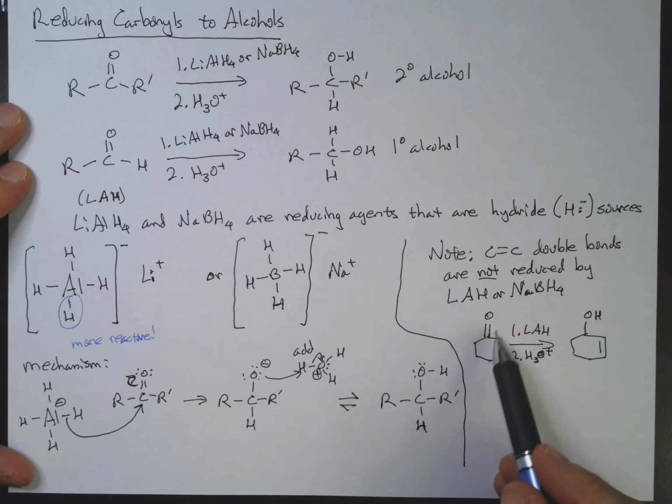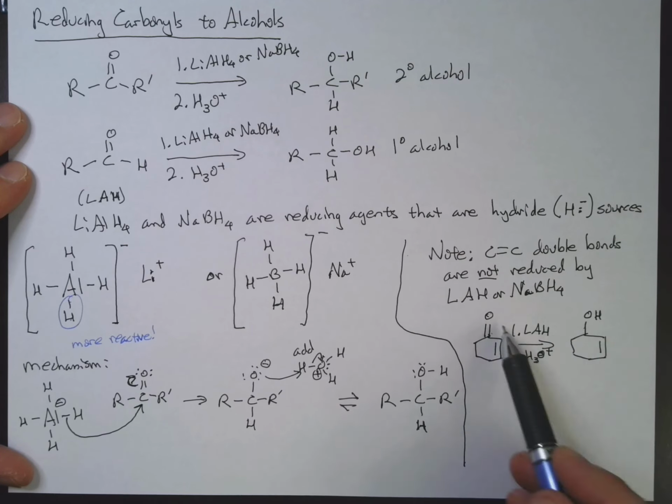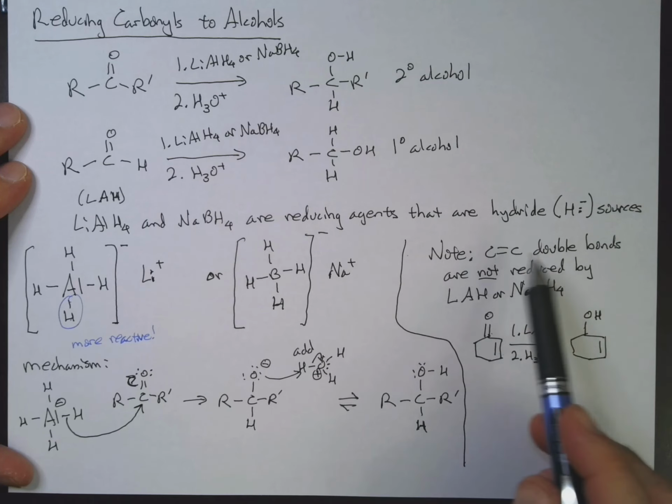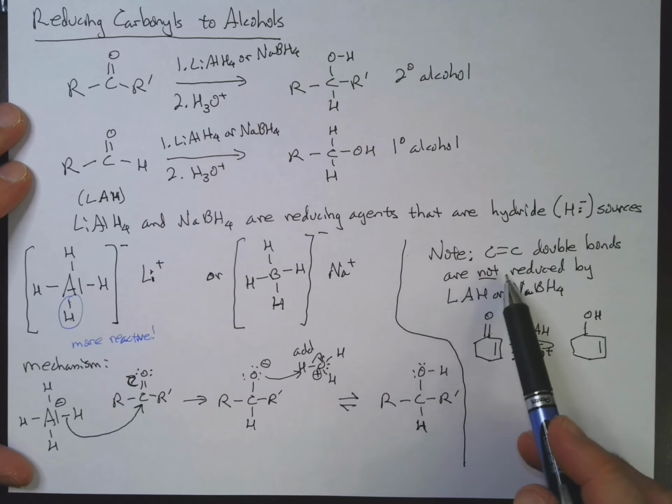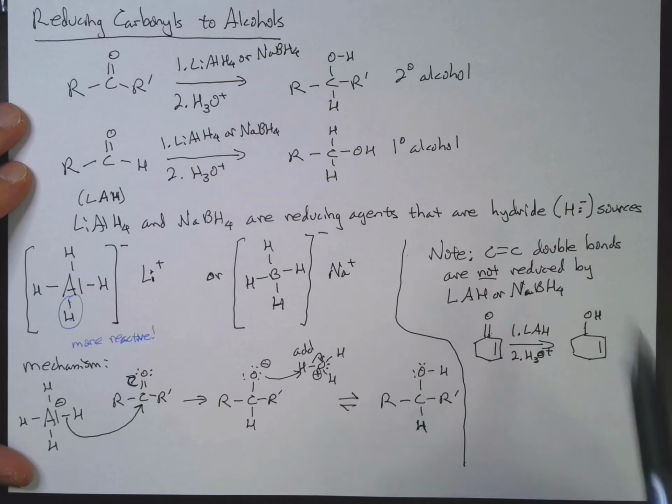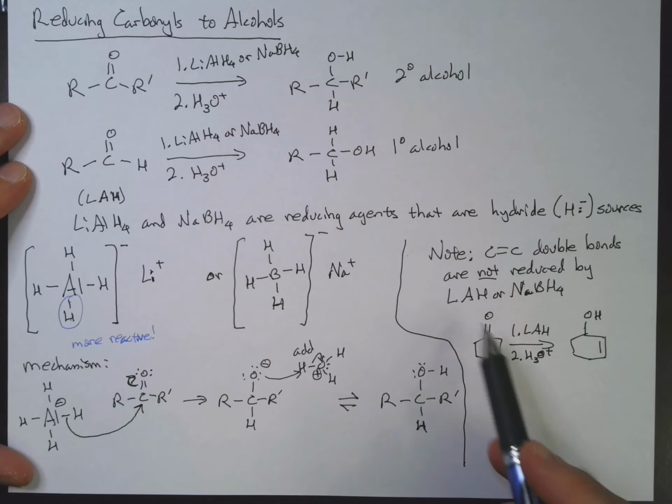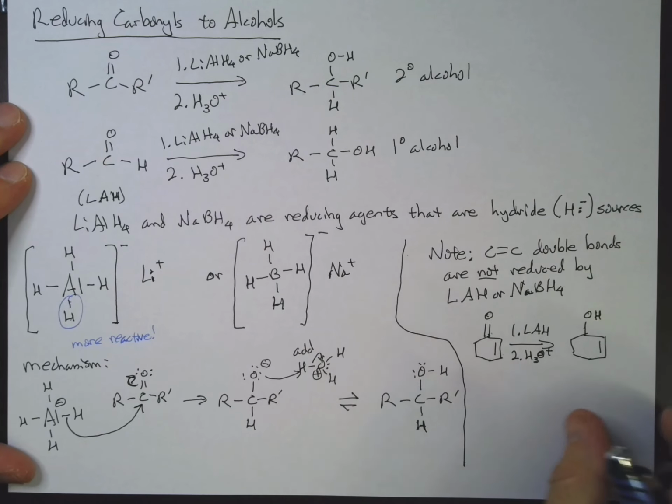There are ways that we can protect this, and if we did reduce everything by adding H2 to both, we could get back the ketone. But we'll talk more about that later, probably next semester. Just remember, CC double bonds are not reduced by these hydride-containing agents, lithium aluminum hydride or sodium borohydride.